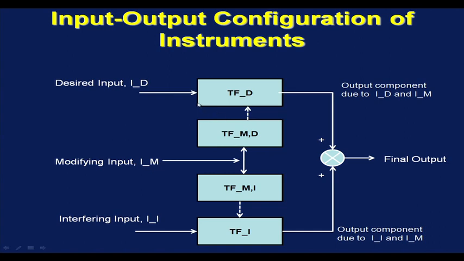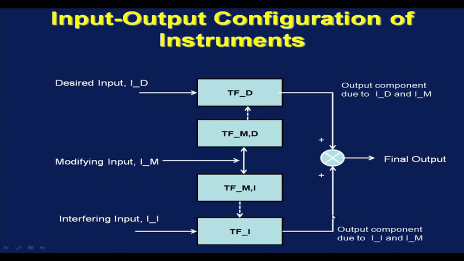So, you can consider that this transfer function which works on the desired input signal gives us a signal which can be considered as a component of the final output, and this component is due to desired input as well as modifying input. Similarly, the component here is the result of interfering input as well as modifying input.